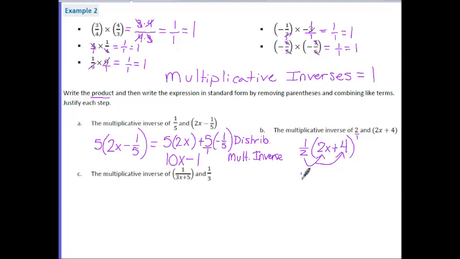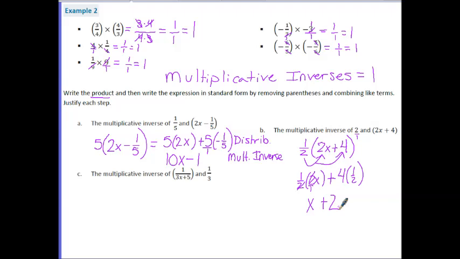So this is going to be 1/2 times 2x plus 4 times 1/2. So here we can see that these are actually multiplicative inverses. So these two are going to cancel and become 1, leaving us with just x. And half of 4 gives us 2. So we use the same kind of properties there, the distributive property and the multiplicative inverse.